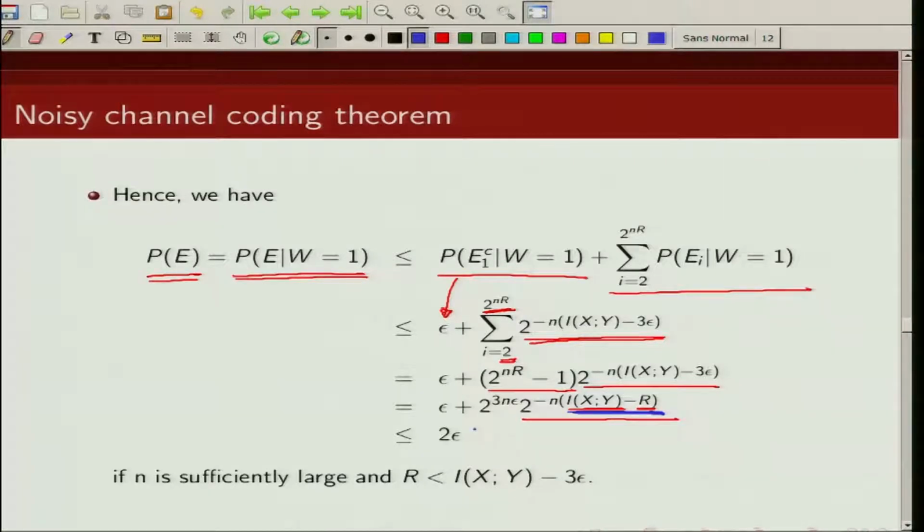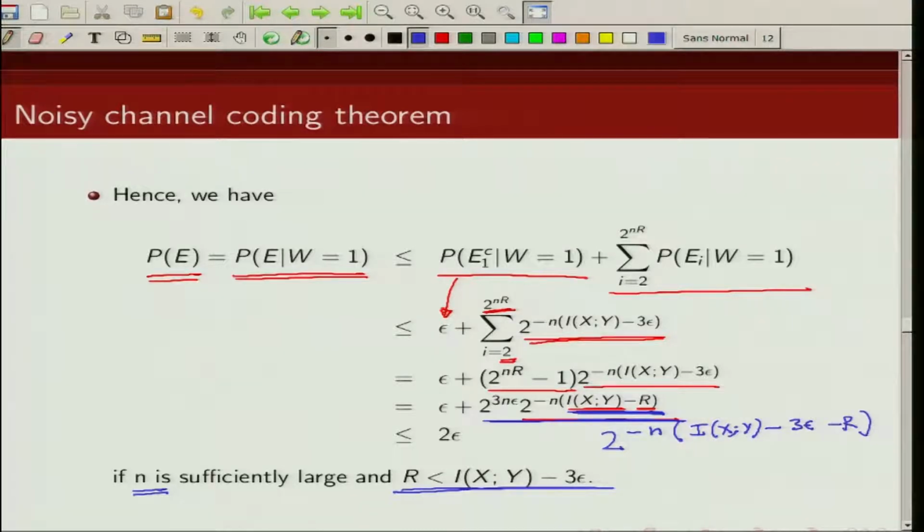So if n is sufficiently large and our rate is less than this, you can combine it as 2 raised to the power minus n times (mutual information minus 3 epsilon minus R).